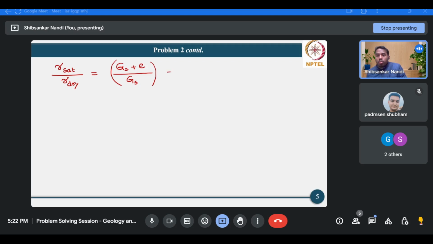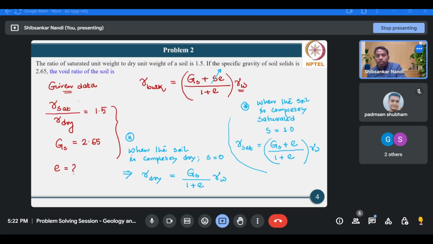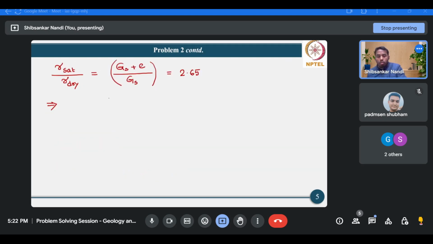Now we'll substitute the values. The ratio of gamma sat to gamma dry is given as 1.5, and the GS value is given as 2.65. So (2.65 plus e) divided by 2.65 equals 1.5.